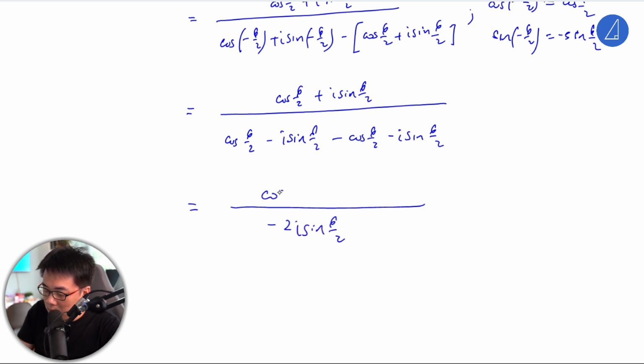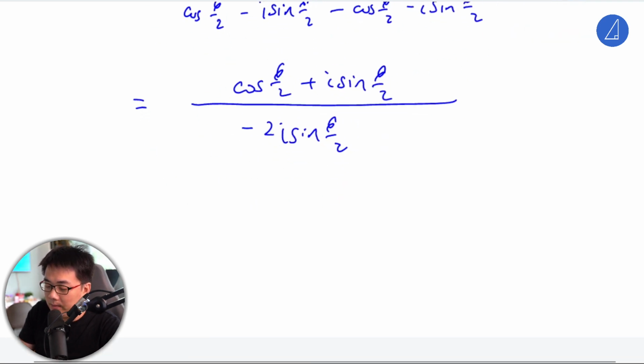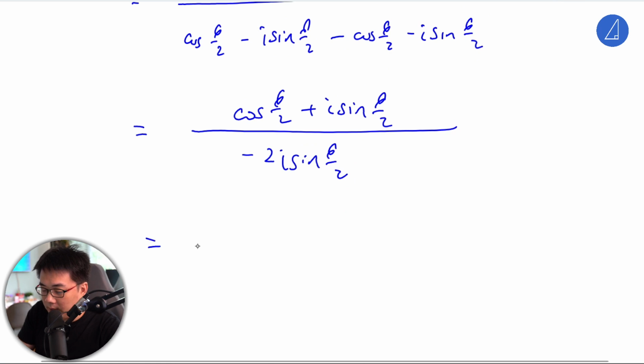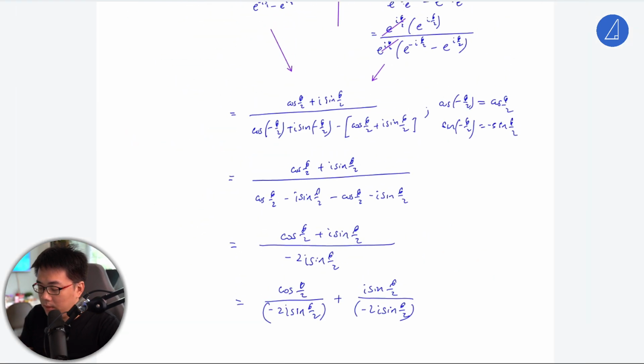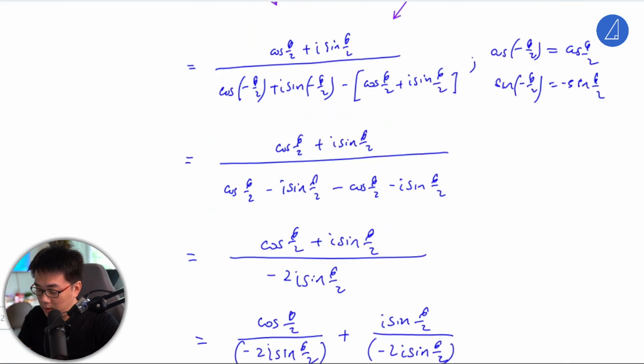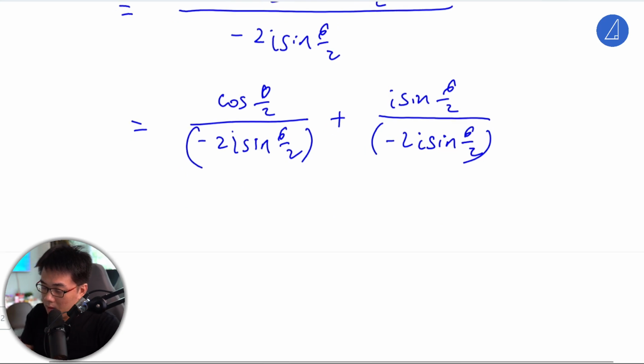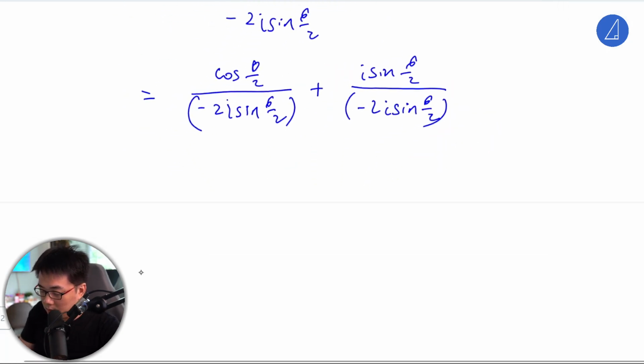Then split it up both sides. What we get is negative 2i sine theta over 2 over cosine theta over 2 plus i sine theta over 2 over negative 2i sine theta over 2. Cosine over sine will be cot.